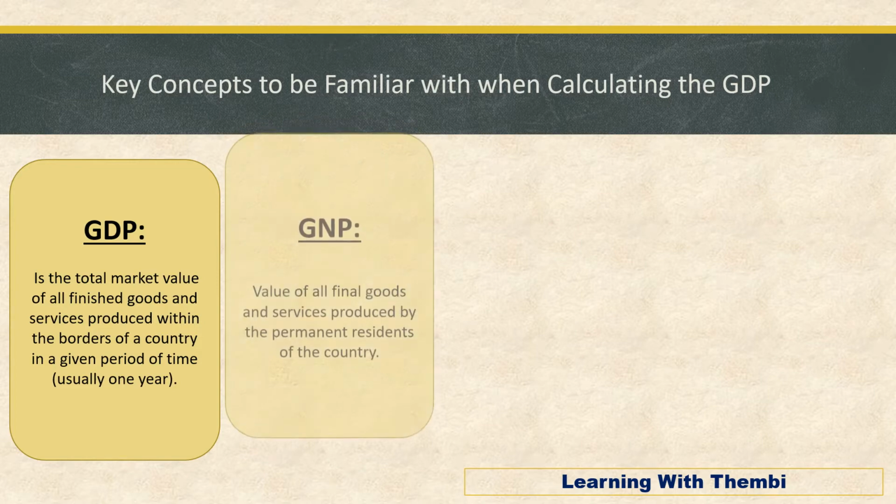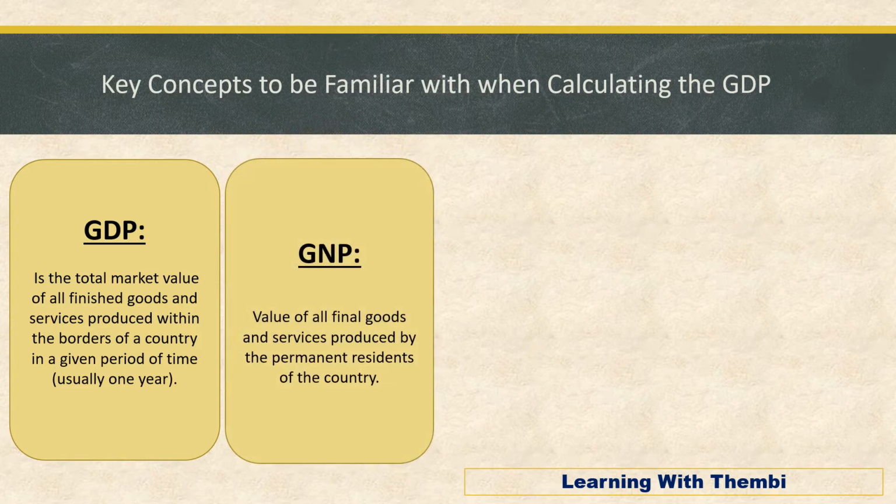So we have another concept which is known as the GNP. The GNP refers to the value of all finished goods which have been produced by the permanent residents of a country. So the GDP here is referring to domestic production, whereas the GNP is referring to national production.